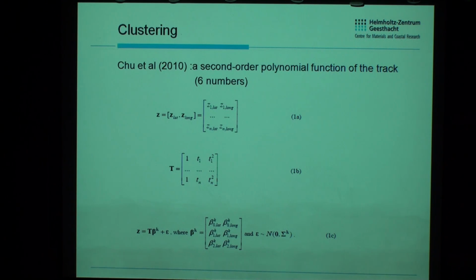So every track can be described by these 6 parameters. We do the same for every track, and the clustering is actually clustering these parameters. This idea is from Chu, who did the same thing for tropical cyclones in the Pacific.